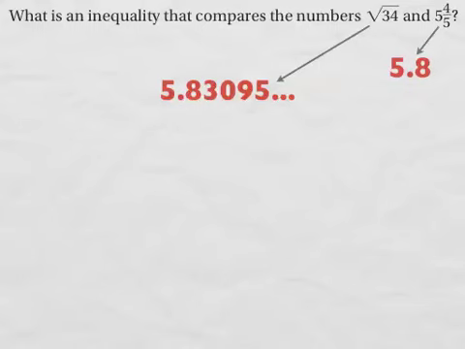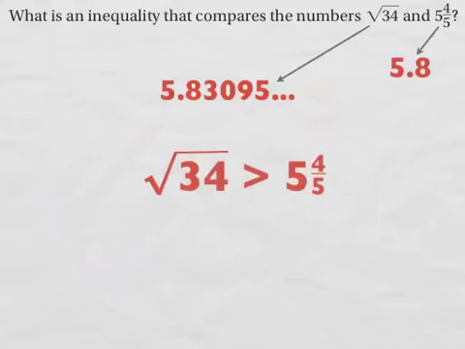But when you move over to the 100th spot, the square root of 34 has 3 in the 100th spot, and 5 4/5 would have a 0 in the 100th spot. So when I'm writing an inequality that compares the numbers, the square root of 34 is going to be greater than 5 4/5.